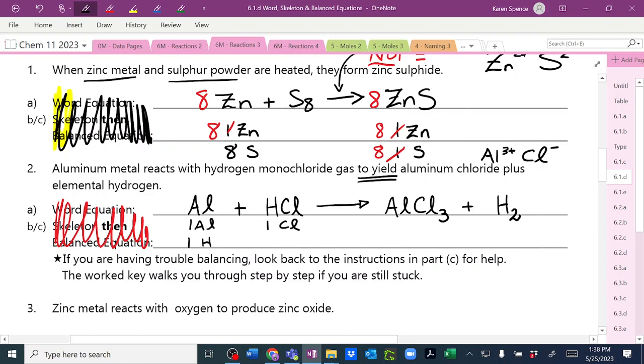On the right, we have 1 aluminum. How many chlorine? 3. Yes, chlorine. And how many hydrogen? 2 hydrogen. We can pick whichever element we want to start with. Do you have a preference?